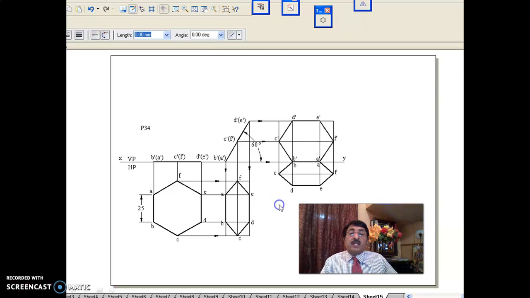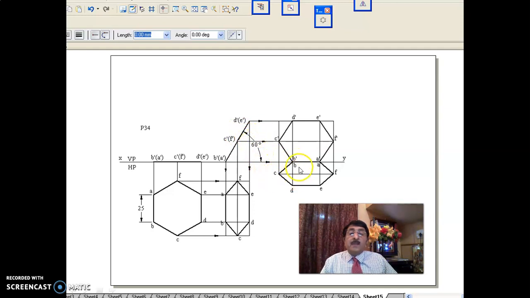Then take the projectors up and get the front view here. See here, AB is here, A dash B dash is also here. That means the conclusion is AB is at the intersection of HP and VP, that is on XY line, with surface inclined at 60 degrees to HP.